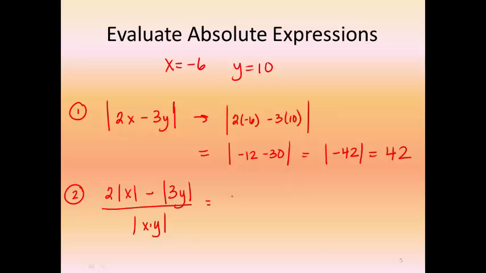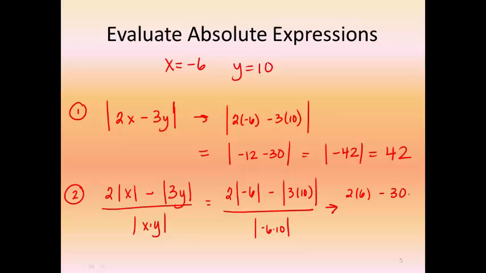Alright, so you should have already tried it, but let's just go through it really quickly here. I'm going to fill in the numbers. I've got 2 times the absolute value of -6 minus 3 times 10 inside the absolute value over the absolute value of -6 times 10. As we simplify this, this turns into 2 times 6, it's +6 because it's the absolute value, minus 3 times 10, the absolute value that is still 30.